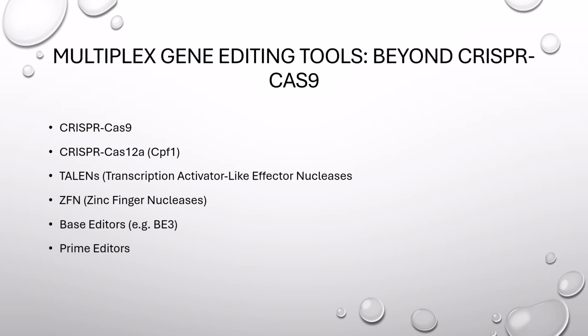You have to validate your guide RNA, but once you've done that and you've got confidence in it, you can have multiple guide RNAs to target multiple genes. But each of these systems that I've listed here offers trade-offs in terms of efficiency, specificity, and design complexity.